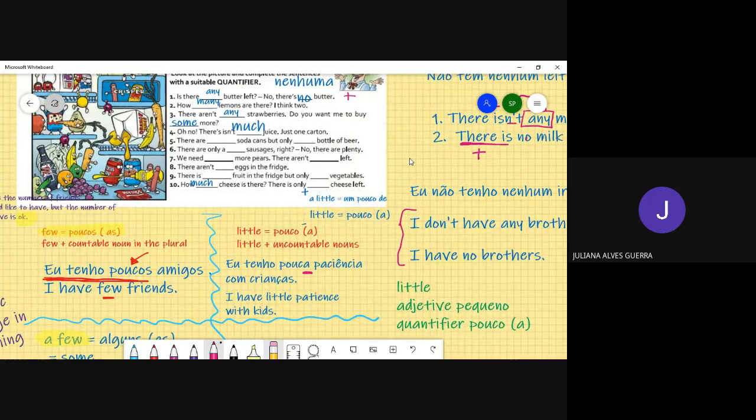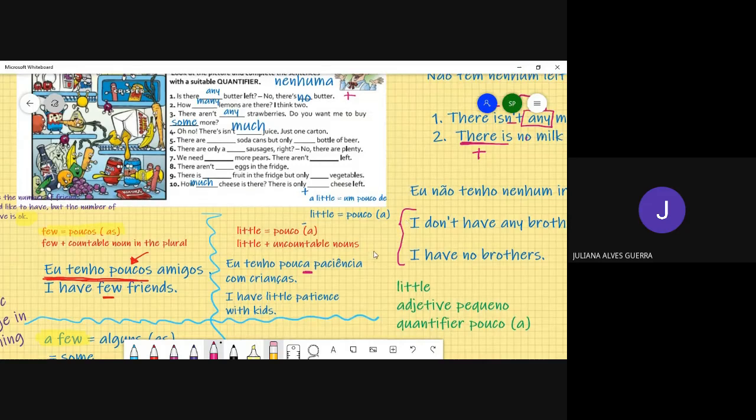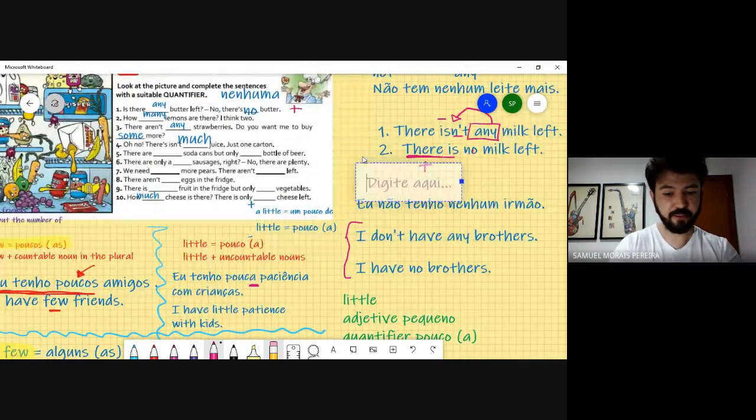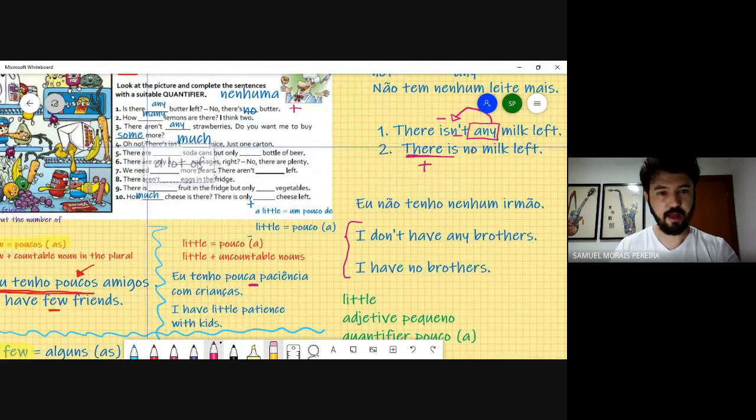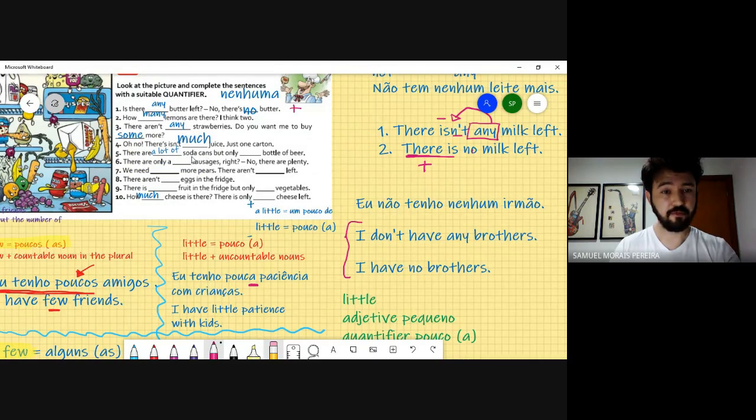There are a lot of soda cans, but only little bottle of beer. Okay, so a lot of, perfect. Okay, a lot of. There are a lot of soda cans, né? Just a moment. So there are a lot of soda cans. Há várias latas de refrigerante, né?